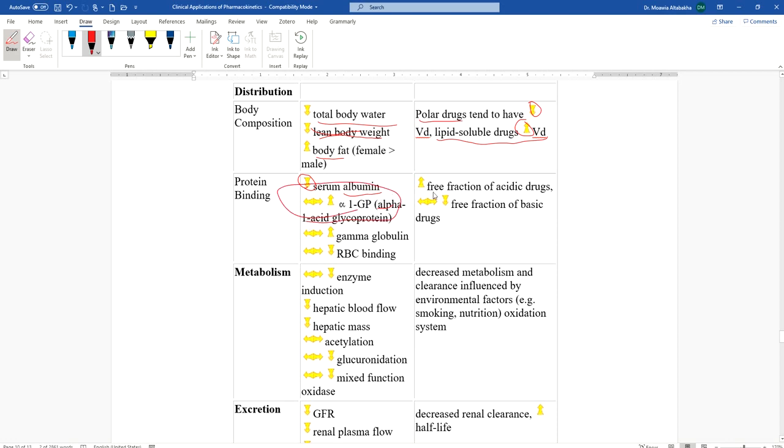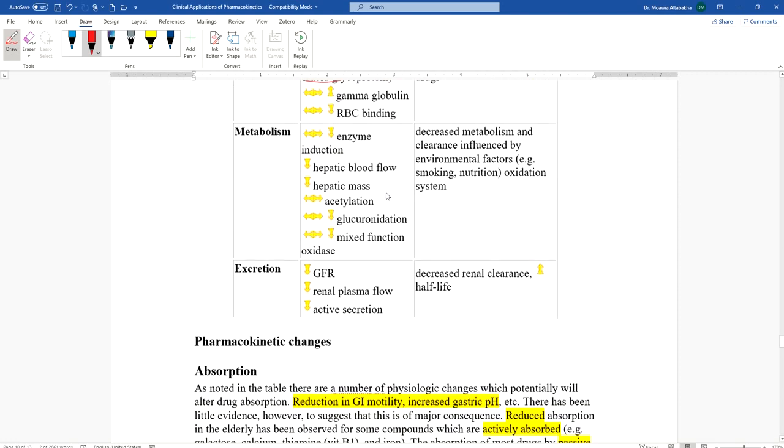Now because of that واحنا عارفين انه الالبومين binds to acidic drug بنلاقي انه free fraction of acidic drug increases, بينما for basic drugs either does not change, okay, if the alpha 1 acid glycoprotein does not change, so it will not change, or it will decrease the free fraction if the alpha 1 acid glycoprotein increases.